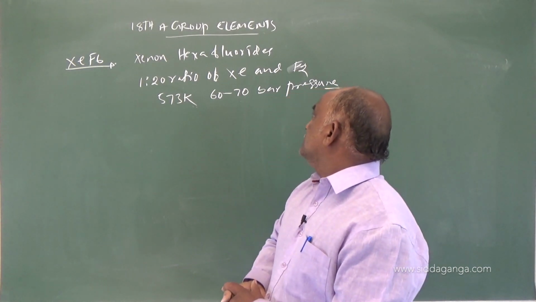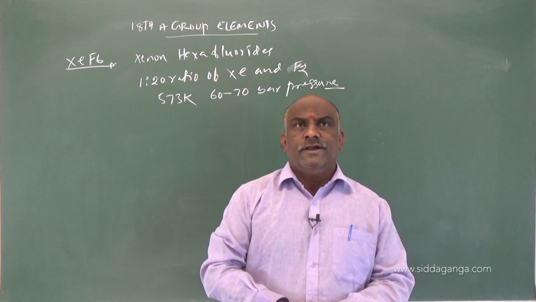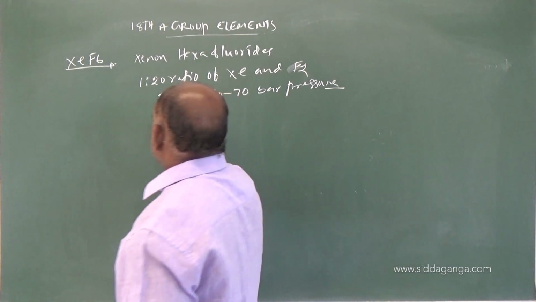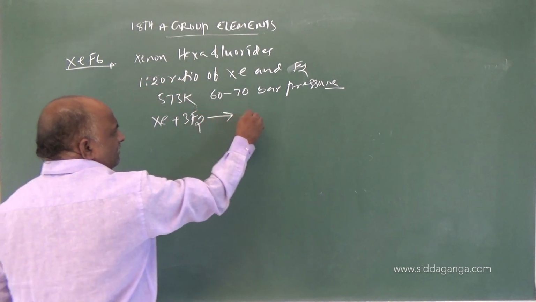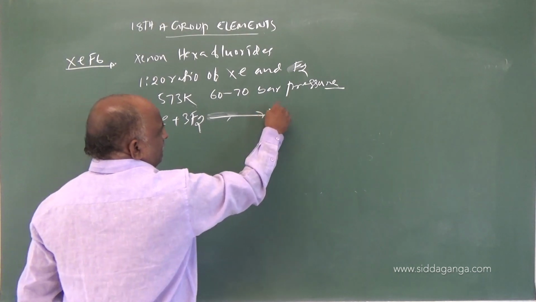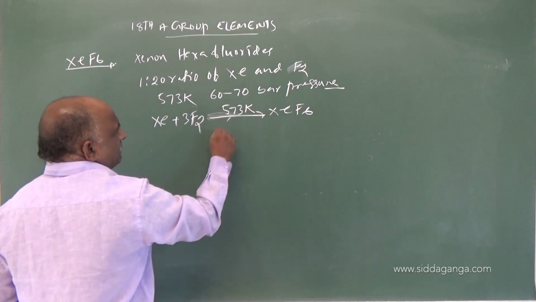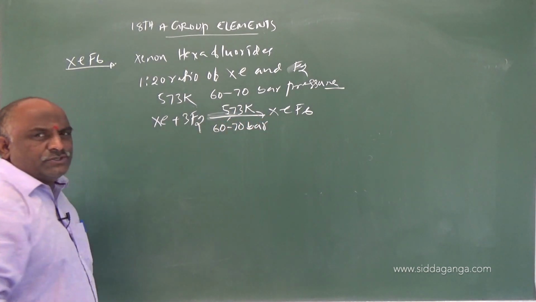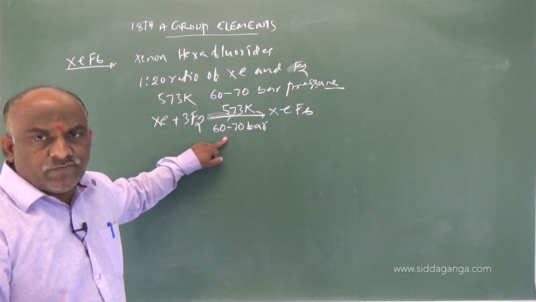So Xe plus 3F2 gives rise to XeF6, at 573 Kelvin temperature and 60 to 70 bar pressure. This will be the preparation for xenon hexafluoride.